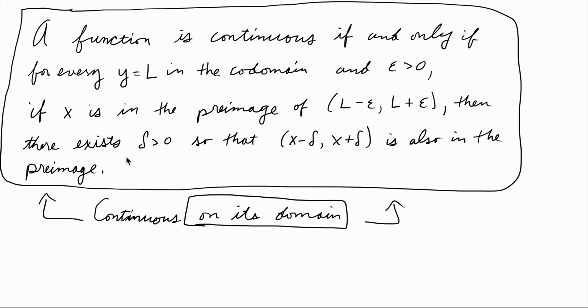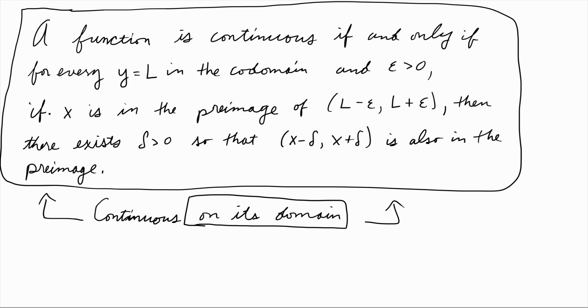So pretty much this is what we say, all right? If for every y value in the codomain and epsilon greater than 0, what does that give us? That's a distance. That gives us codomain fuzz. Basically, for every bit of codomain fuzz, we're going to look at its preimage. How do we describe its preimage? Let's see.